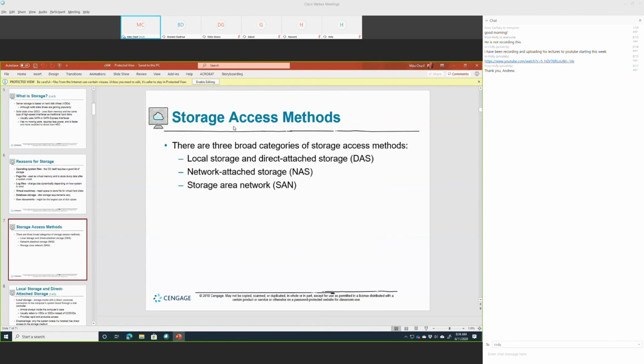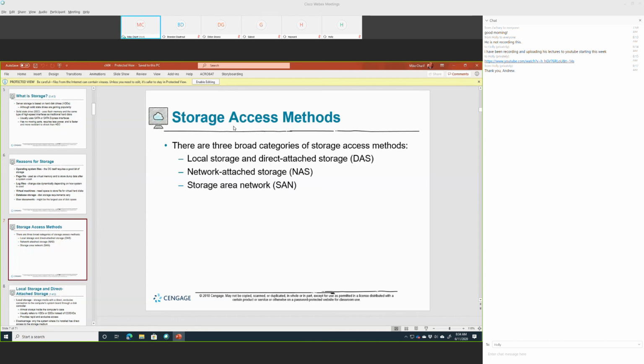Okay. Now the big question: how are we going to access the storage? And that's the answer right here.